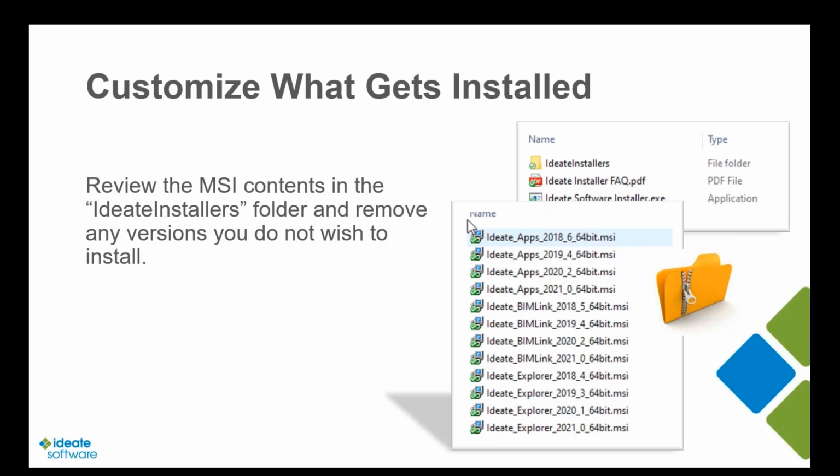If you know you're never going to use 2021 because you're jumping from 20 to 22, well, then get rid of the 2021s. It'll make the package smaller. It installs a little quicker, and there is no real need to have a version if you know you're not going to use it. I know some customers do not have all our solutions, so you can also just remove the solution you do not currently have.